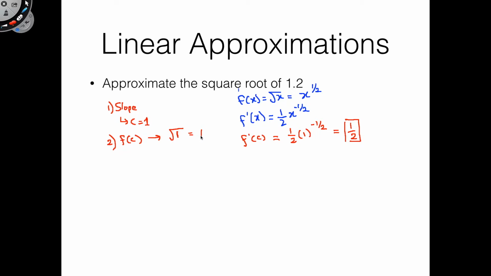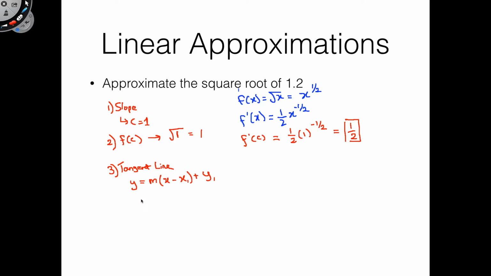All right, so now we have all the ingredients we need to set up our tangent line equation. So let's go ahead and do that now. What we would have is something of the form y equals m times x minus x1, plus y1.